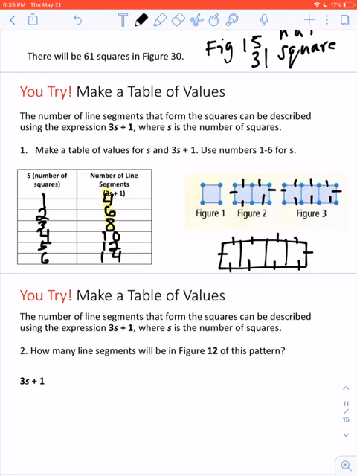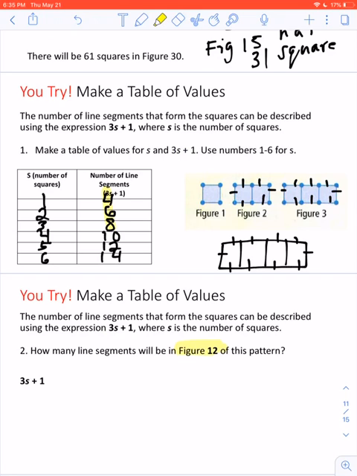Now I'm going to ask you, how many would something that's not on the table and it's quite far away have? Well, we have our formula here. They've given it to us, 3s plus 1. That's like our magic pattern. How many line segments would be in figure 12 of this pattern?